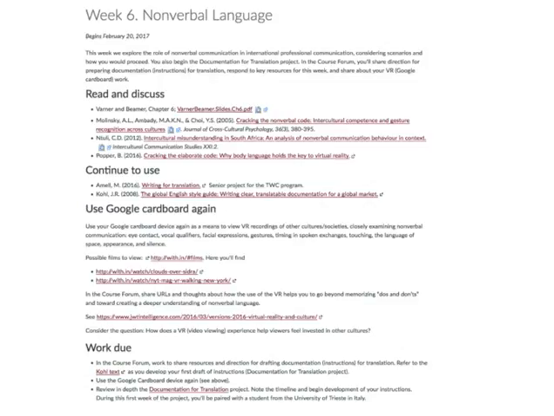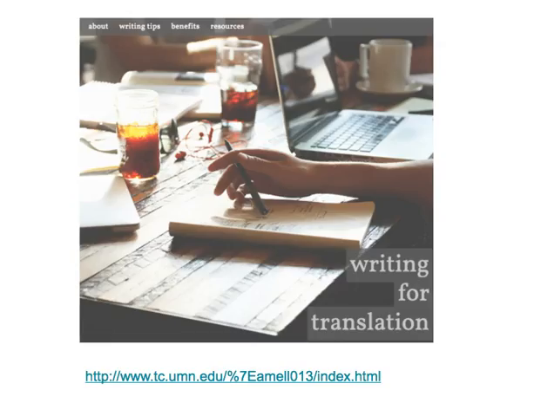Last week, I meant to highlight more this resource from Molly Amel, the Writing for Translation. This was her capstone project, and she used the Global English Style Guide and worked to take the key components from that and to share them as writing tips, benefits, resources.